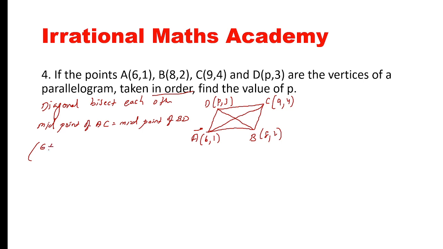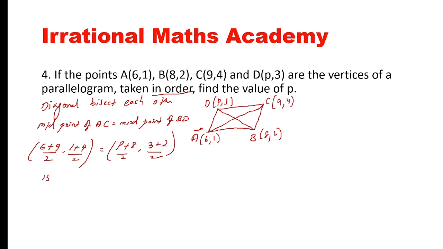So what is the midpoint of AC? 6 plus 9 by 2 comma 1 plus 4 by 2 equals P plus 8 by 2 comma 3 plus 2 by 2.